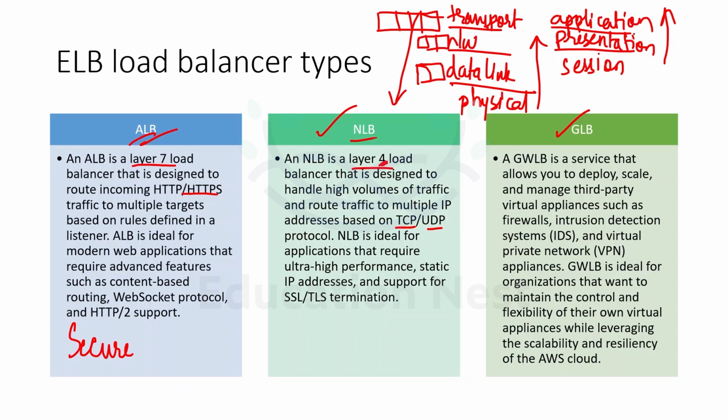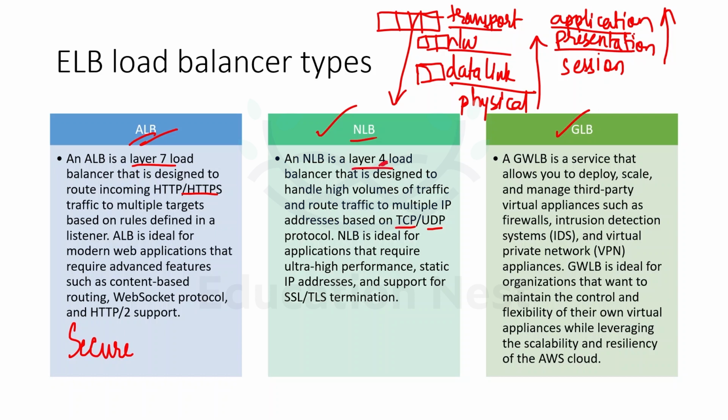It is again a fully managed, scalable, and highly available network service provided by AWS. It can manage third party applications like firewalls, IDPS, that is intrusion detection and prevention systems, and other security and networking appliances in your VPC.